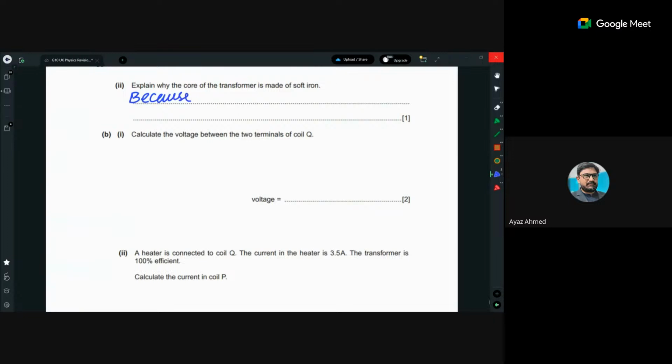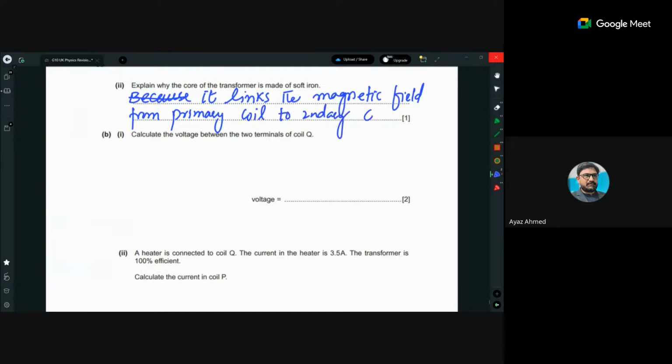Actually this is the function of the core, because it links the magnetic field from primary coil to secondary coil. ठीक है, बात समझ आ रही है?